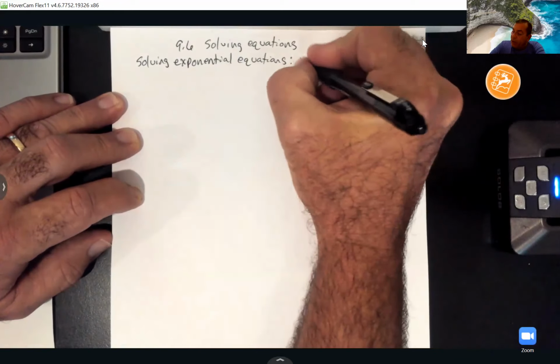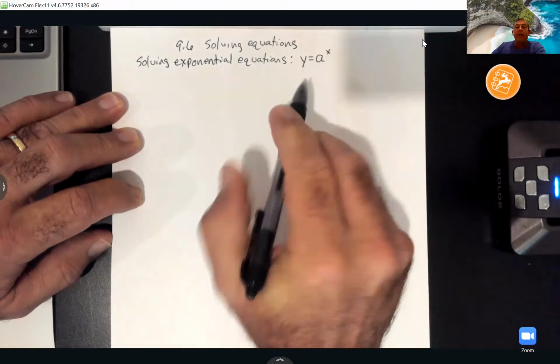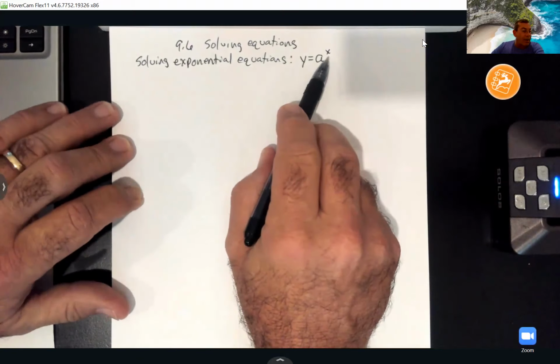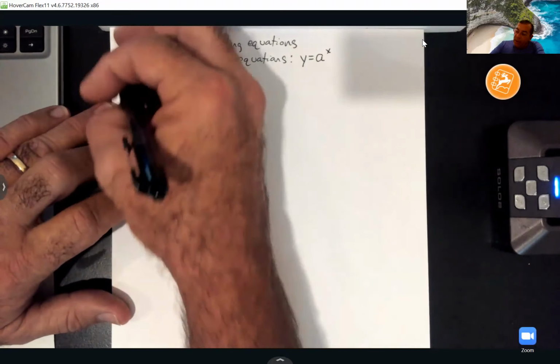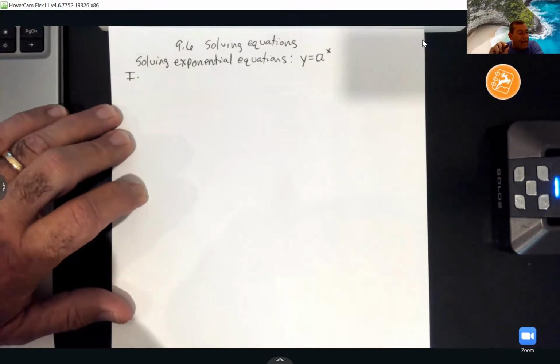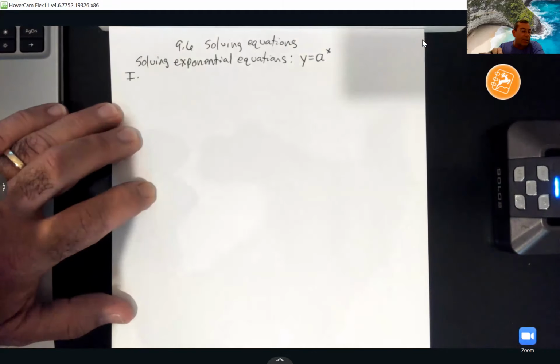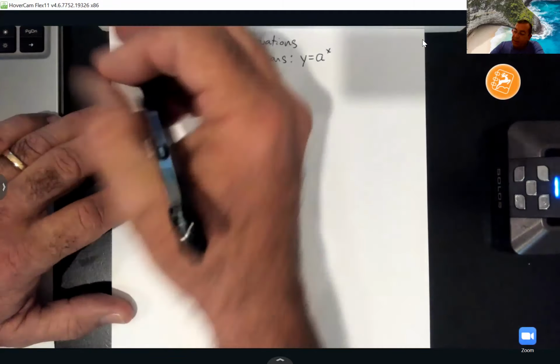So y'all, exponential equations are when the variable is the exponent, okay? So the first thing we try to do, if possible, is rewrite each side of the equation using the same base.